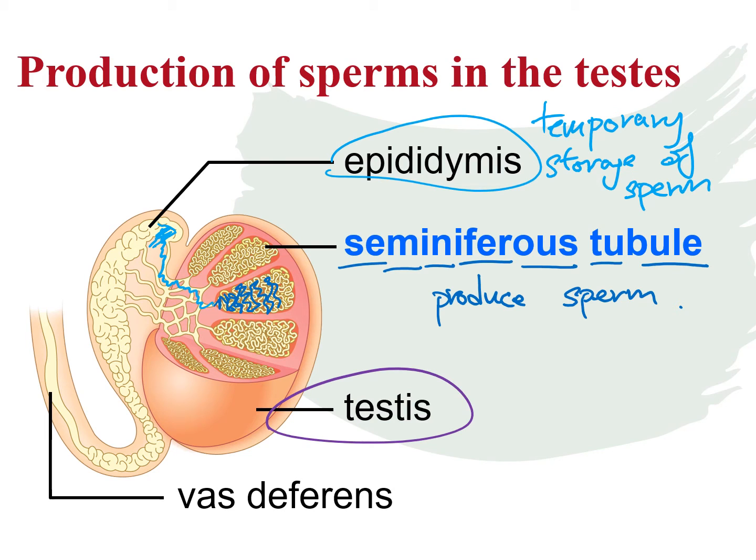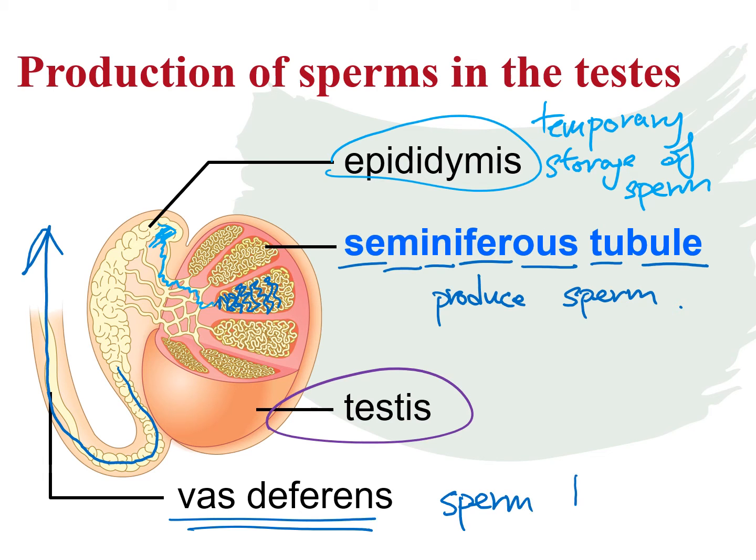And when the time is right, maybe during sexual reproduction, the sperm are pushed from the epididymis out to the vas deferens, or what we call the sperm duct, to be easier, 输精管.